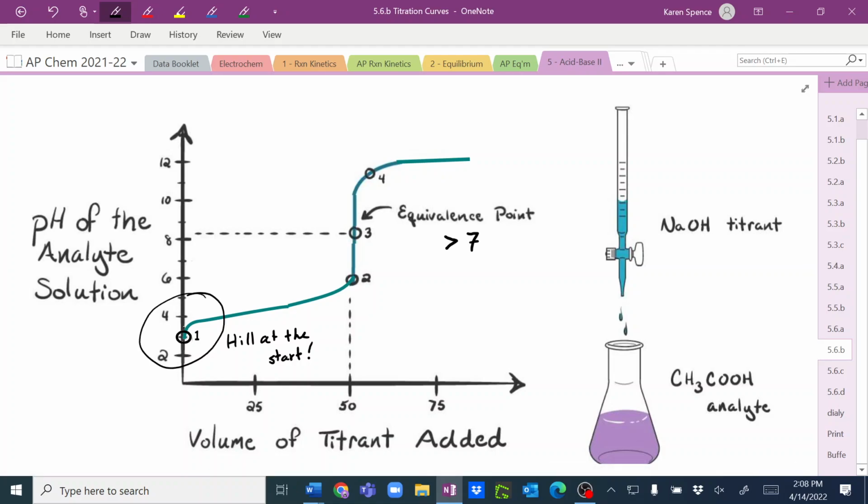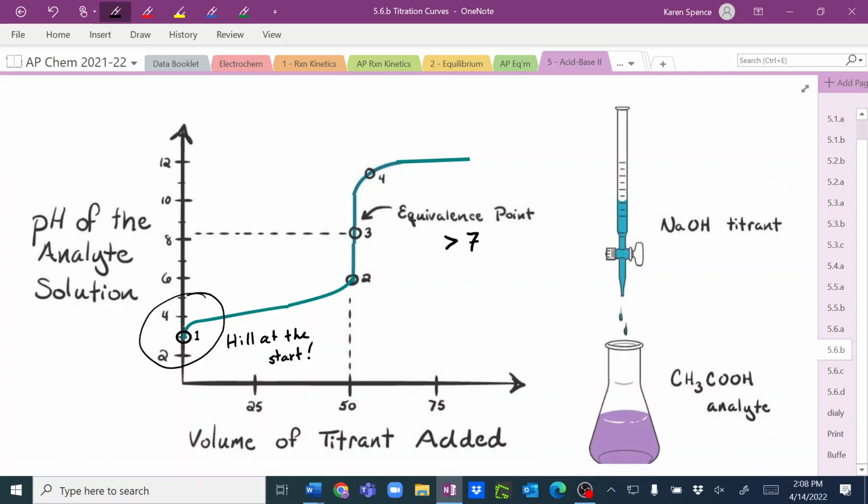The reason I call it the hill is because it looks like a hill. Okay. So those are two things that are different.